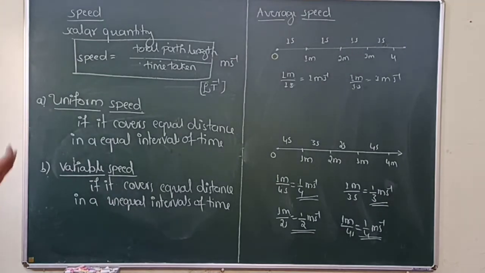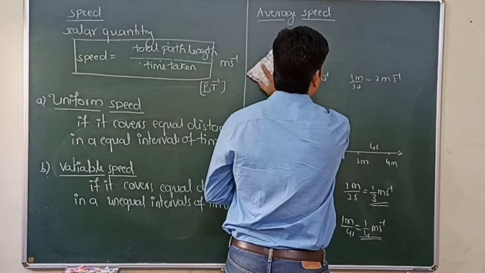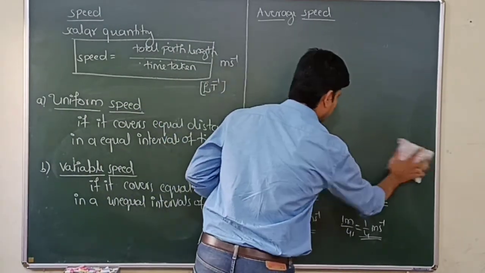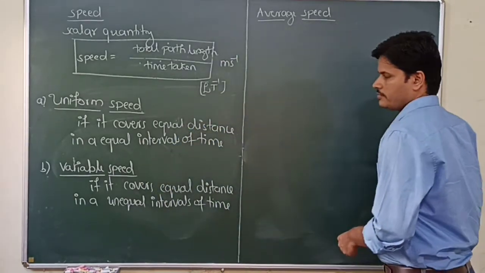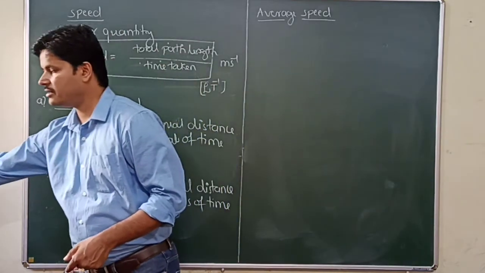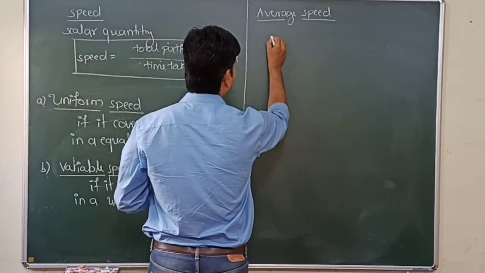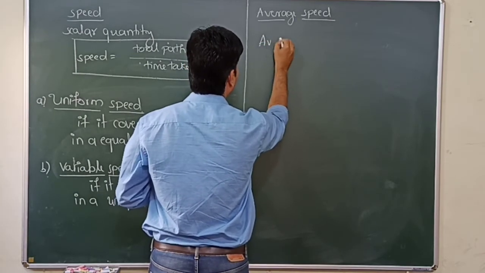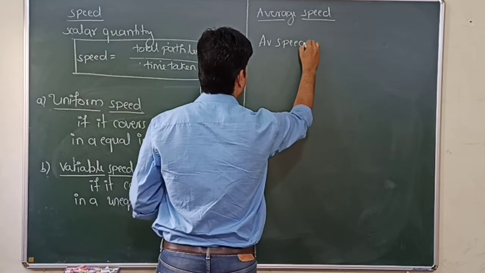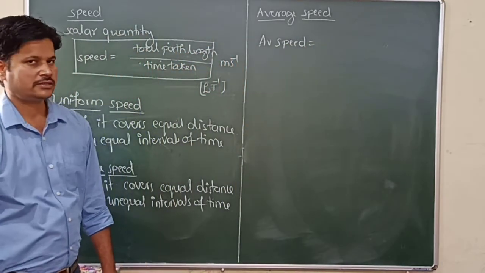The next concept is average speed. How can we define this average speed?